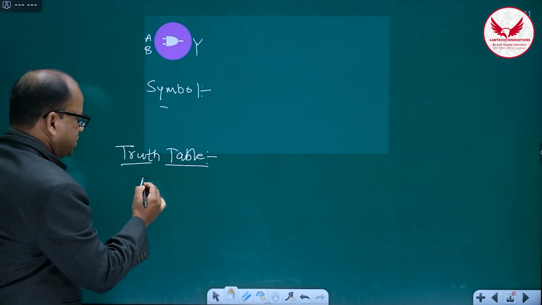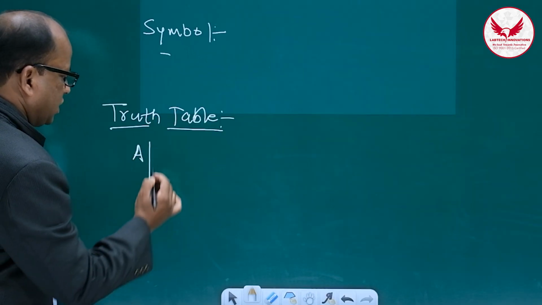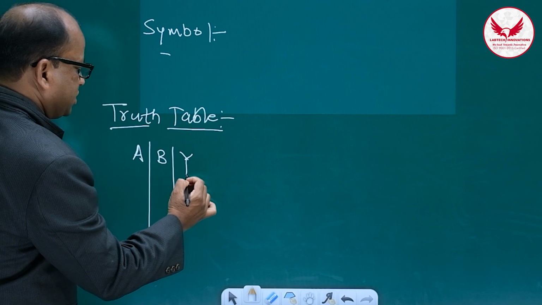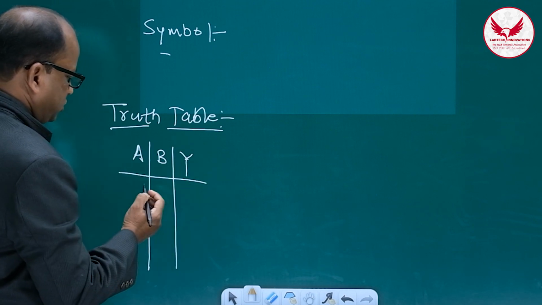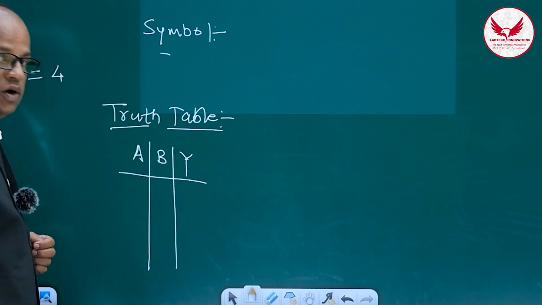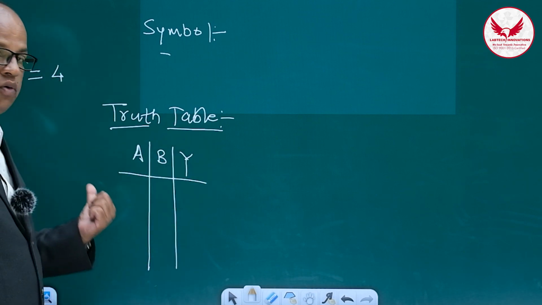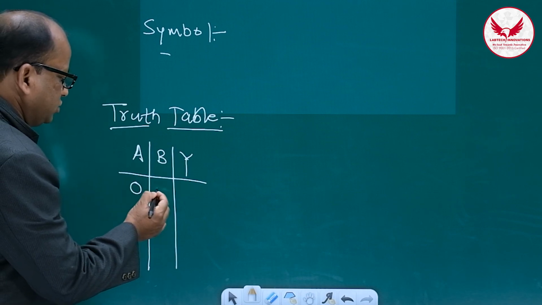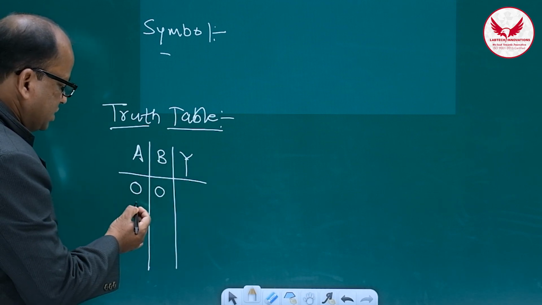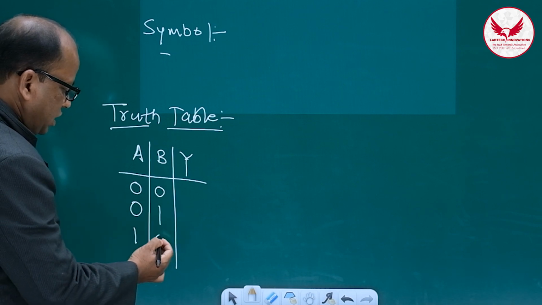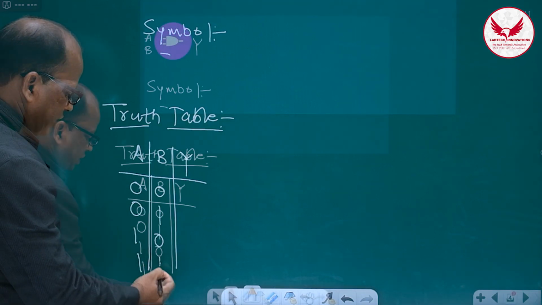I'll take the first input A, then the second input B, and last the output Y. A and B are the inputs, and Y is the output. We shall see the 4 combinations. The first combination is 0 0. What would be the output? Then the second one is 0 1, the third one is 1 0, and the fourth one is 1 1.